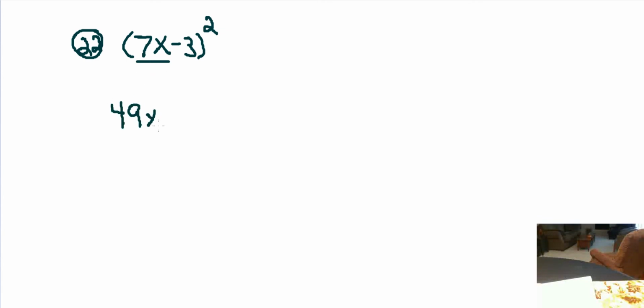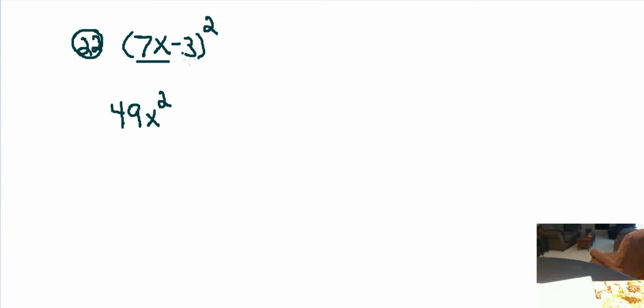That was number 20. And then how about another one like number 22? Number 22. 7x minus 3, and I'll square it. All right, so I'm going to take this first term now and square it. So that's going to be what? 49x squared.